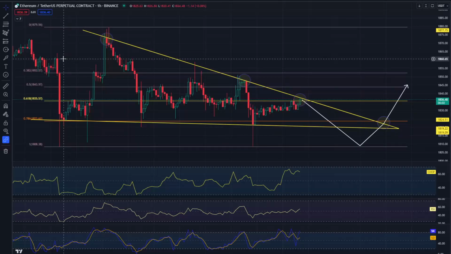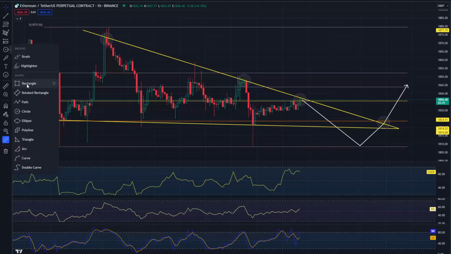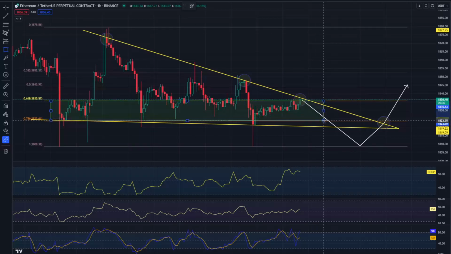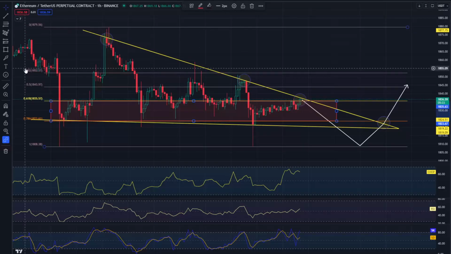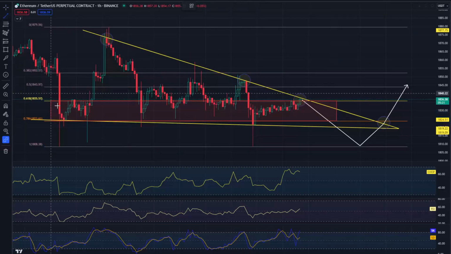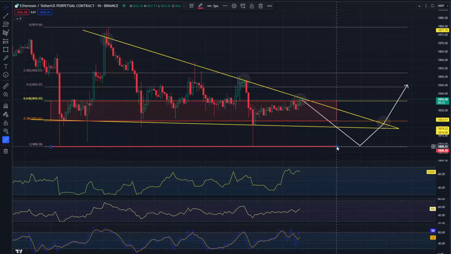After unfolding the fib retracement tool, we can mark a strong support zone above which the price is currently holding. However, when we fall below this zone, we can see a drop around the next support at $1,808.